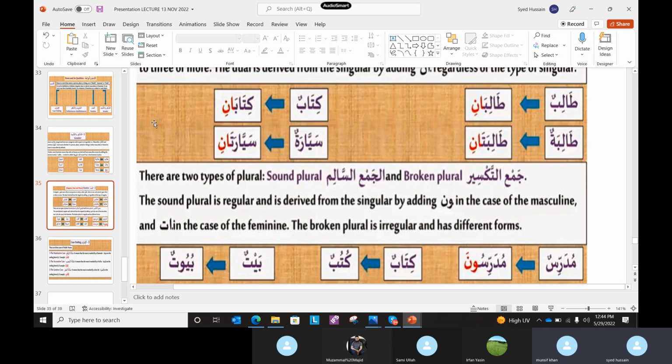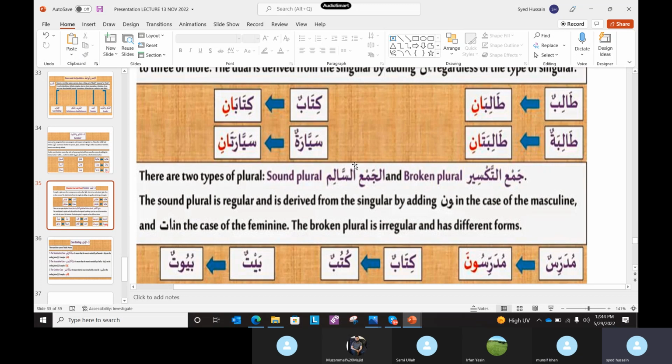One is called Jama al-Taksir, and another is called Jama Salim. Jama Salim means, now we are talking about the plural. Jama Taksir means that we have one word, but when we make it plural, it completely changes in form.